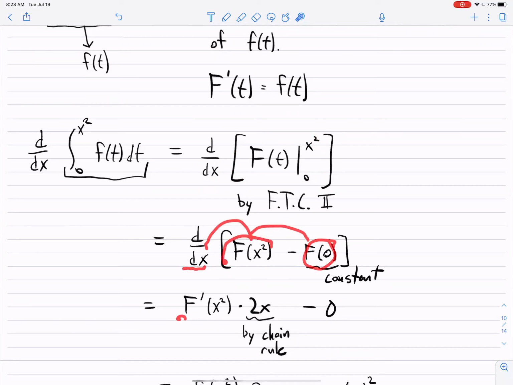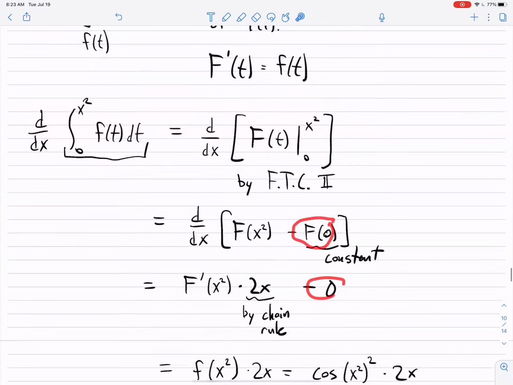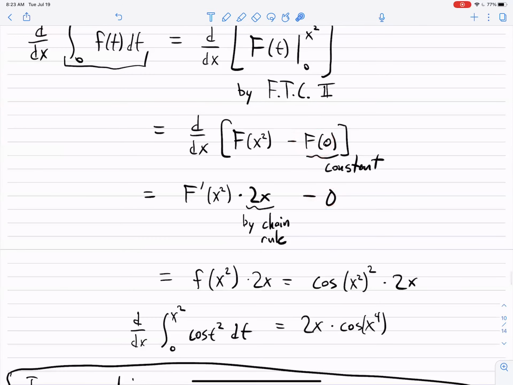The derivative of this guy is, by the chain rule, the derivative of the outside function, capital F prime, evaluated at the inside x squared, times the derivative of the inside. And then this is a constant, so the derivative is 0. And so what we're left with is capital F prime, which is little f, evaluated at x squared, times 2x, which is the derivative of the inside function. And so it becomes cosine of x squared squared times 2x.